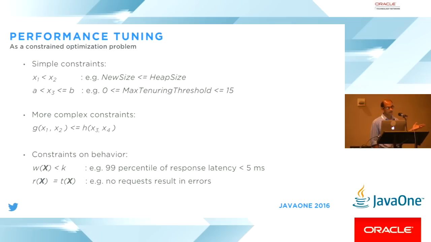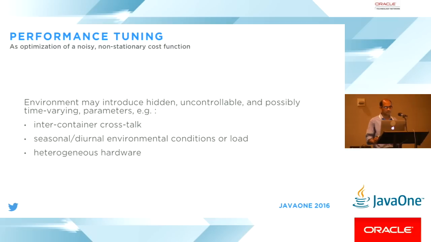The 99th percentile of latency should stay below 5 milliseconds. Or I might say I'm willing to increase throughput just as long as there are no errors. That might mean that the responses sent are equal to the requests received. Those are the kinds of constraints we might want to model.